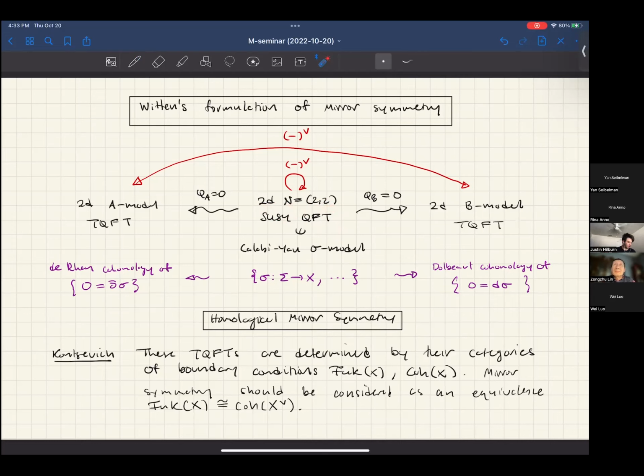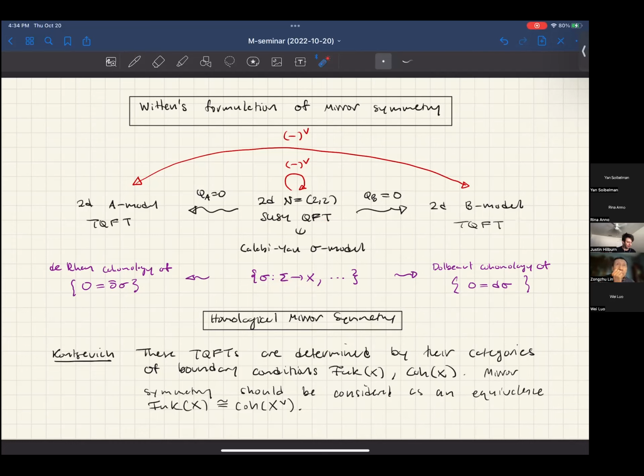One special such theory is the Calabi-Yau sigma model. That's the theory that has a single bosonic field, which is a map from some two-dimensional spacetime, or some Riemann surface, into your Calabi-Yau manifold. These kinds of quantum field theories are very, very special.